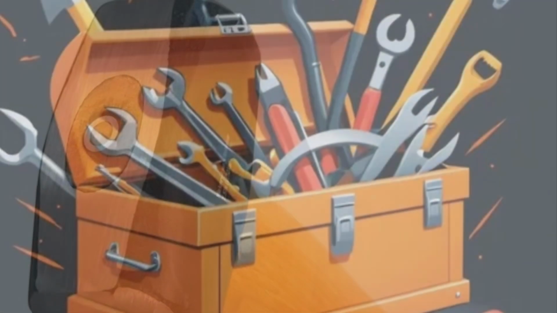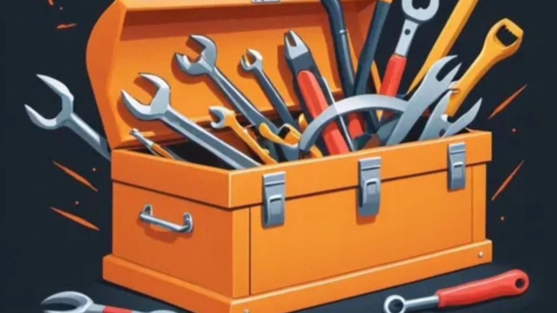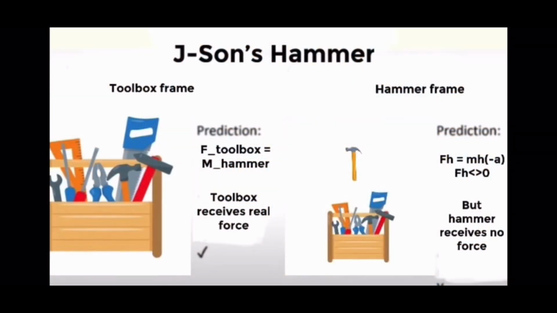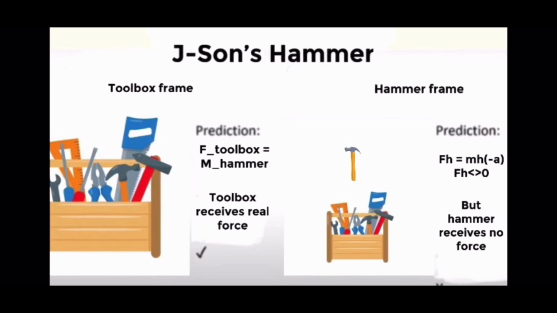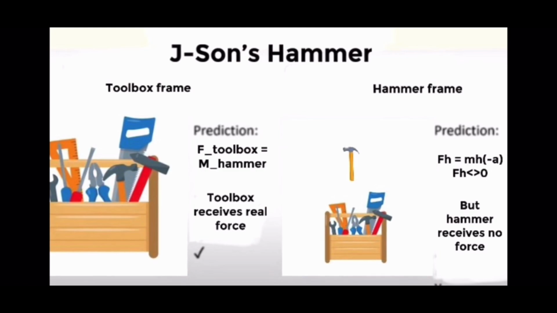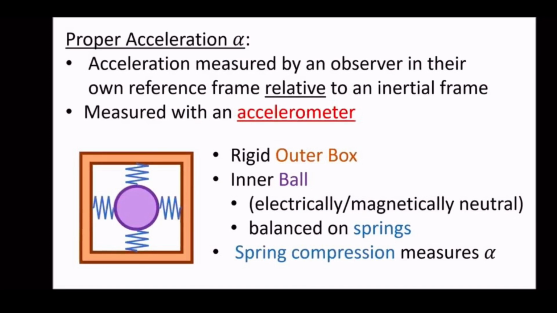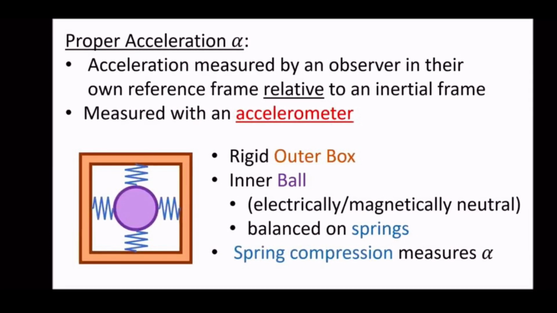If you have a toolbox sitting on the ground accelerating towards you as the hammer, and you ask what the laws of physics predict, the prediction is the force on the toolbox, Ft, is equal to the mass of the toolbox times the acceleration. So Newton's law says the toolbox should have a force exerted on it, and we all know this is true. If we are standing on the ground next to the toolbox, you can feel the ground pressing on your feet, and you can measure this with the appropriate equipment. So if you're in the hammer frame, which is the inertial frame, Newton's law is correct.